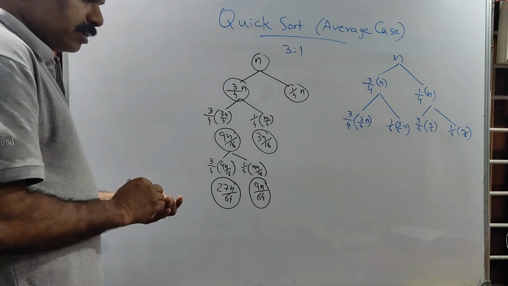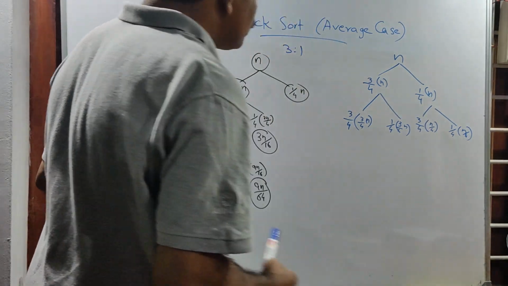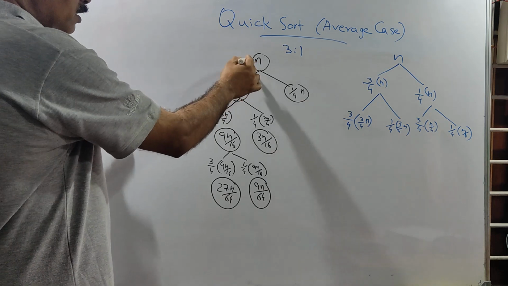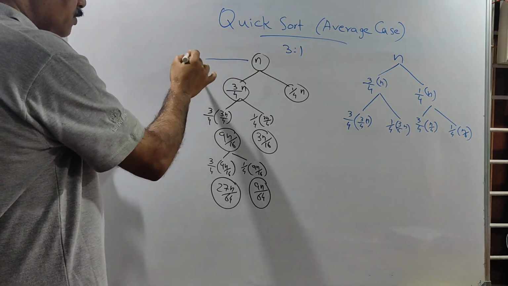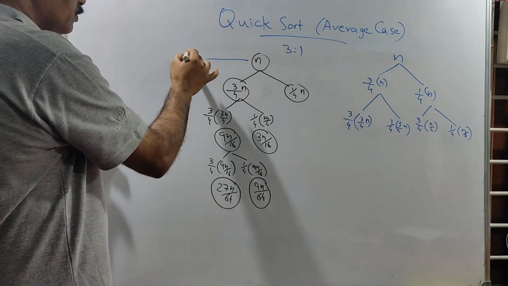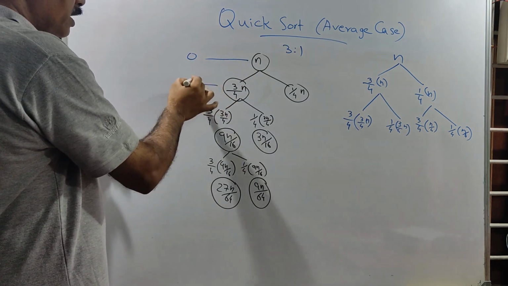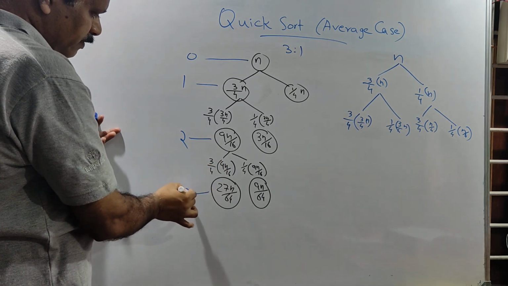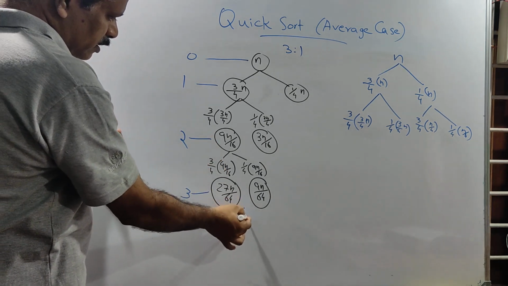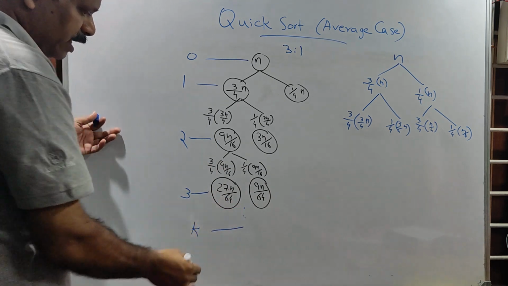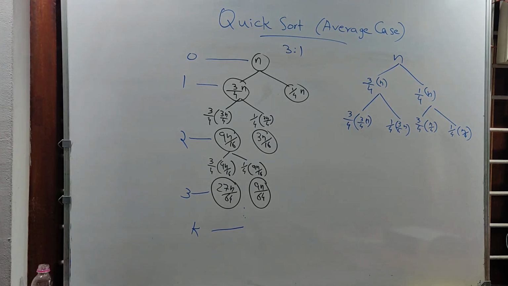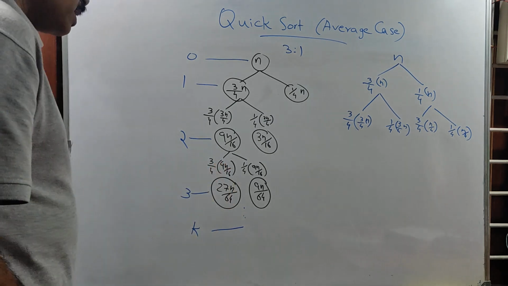Let us number this. This will be level 0, this will be level 1, level 2, level 3, then continue to level K. We have to generalize the problem size.